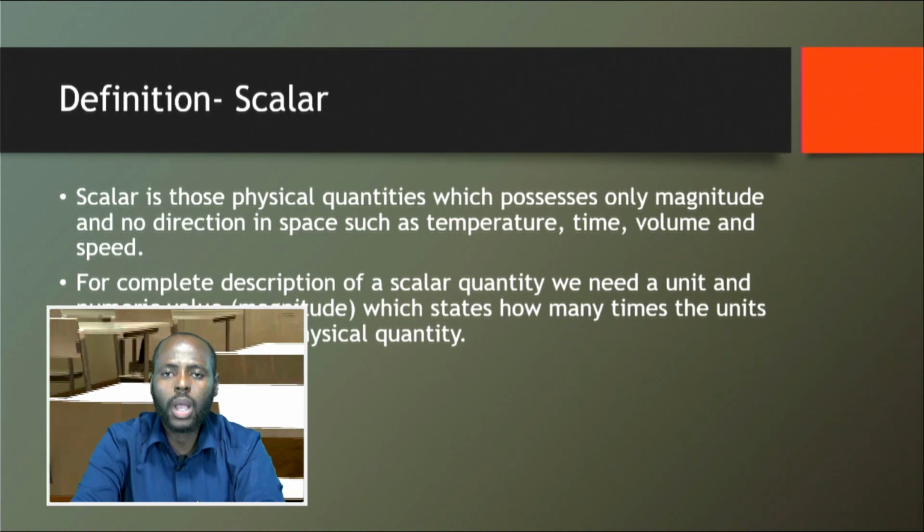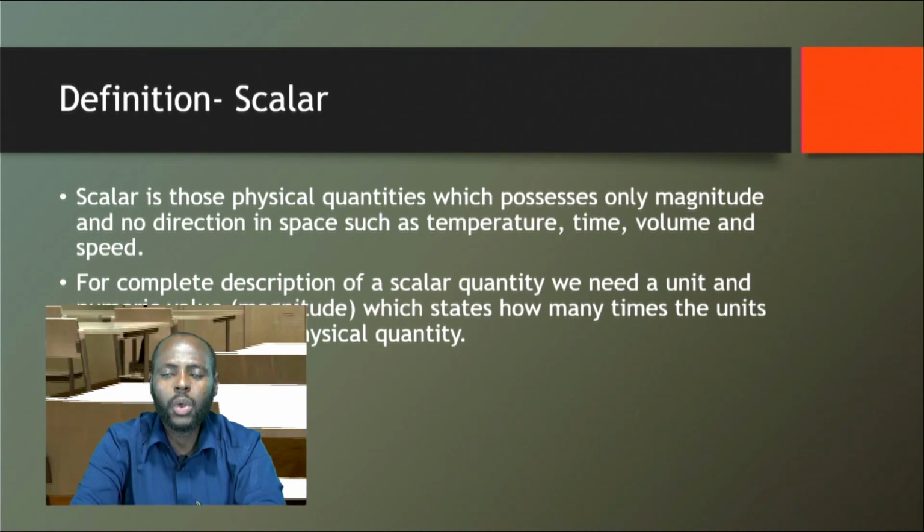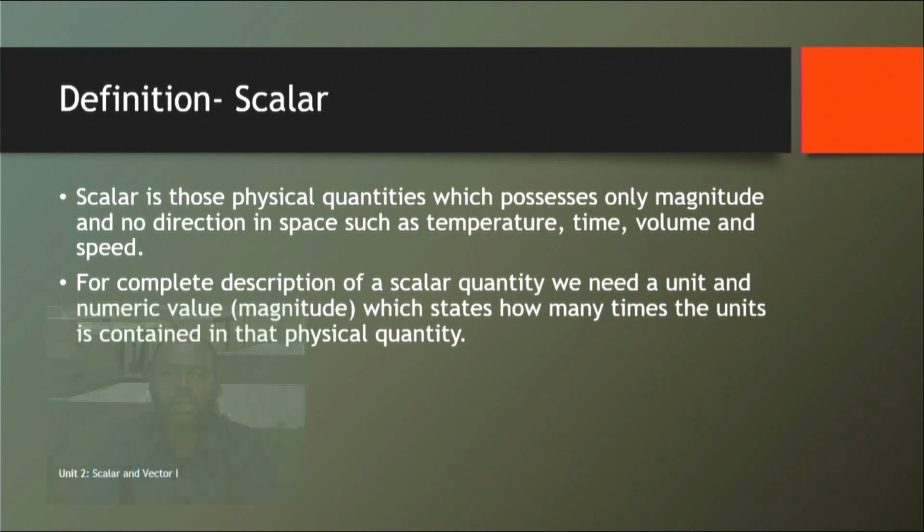But the moment we talk about velocity, we are talking about displacement with respect to time, and in this case, we also require the knowledge of direction. So velocity is a vector quantity, while speed is a scalar quantity.